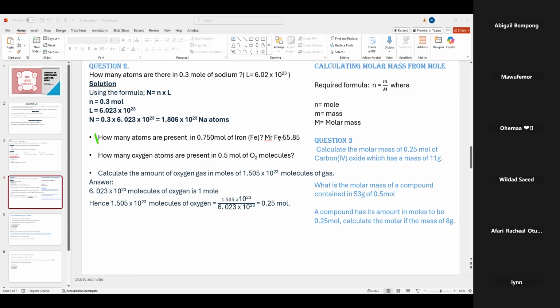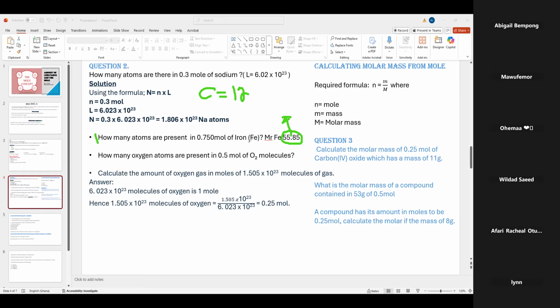Please, what does it signify? Oh, okay, so 55.85 is the relative atomic mass of iron. You see, we have the relative atomic mass of carbon to be 12, and that is for iron. Okay. Thank you. You're welcome.